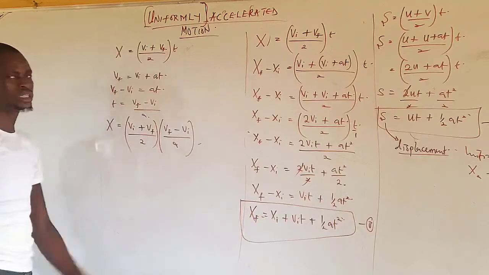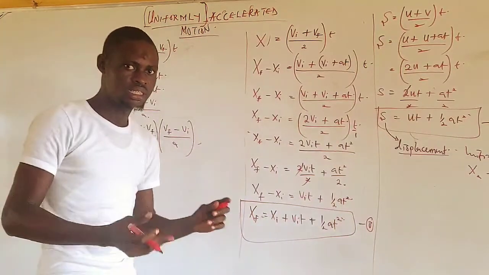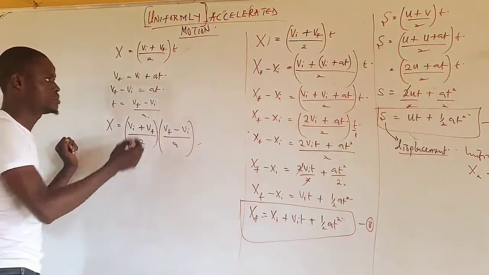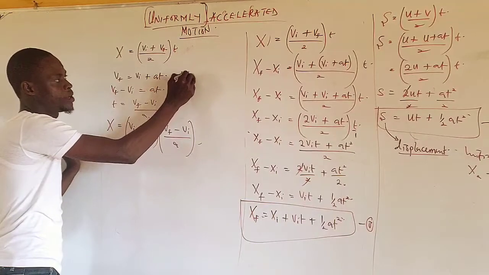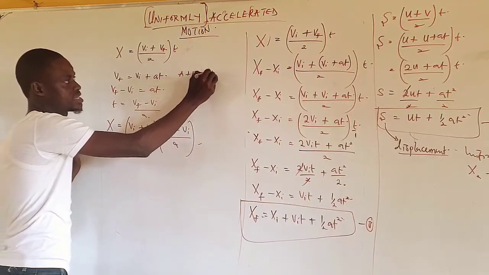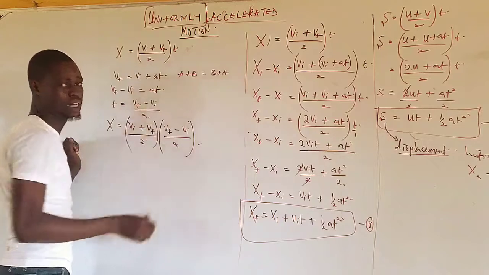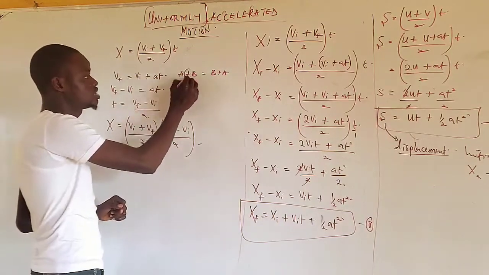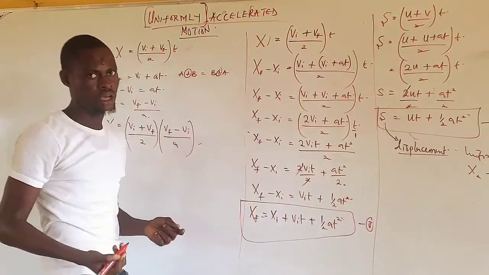Now I can substitute back into this equation, and I'll have x equals Vi plus Vf all over 2 multiplied by my t, where t is Vf minus Vi all over a. Now, I want to simplify here. In mathematics, if I have a plus b, it is still the same as saying b plus a. Why? Because addition is commutative. Are you getting what I'm saying?